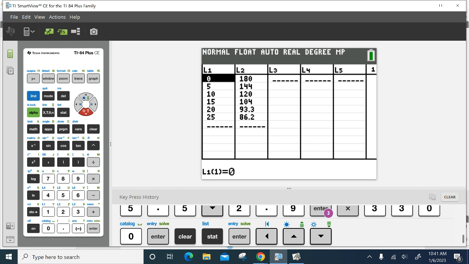This is for any of these types of regression problems. All right, let me know when we're all good. Got them all typed in. Make sure there's no other values in L1 and L2 other than those.